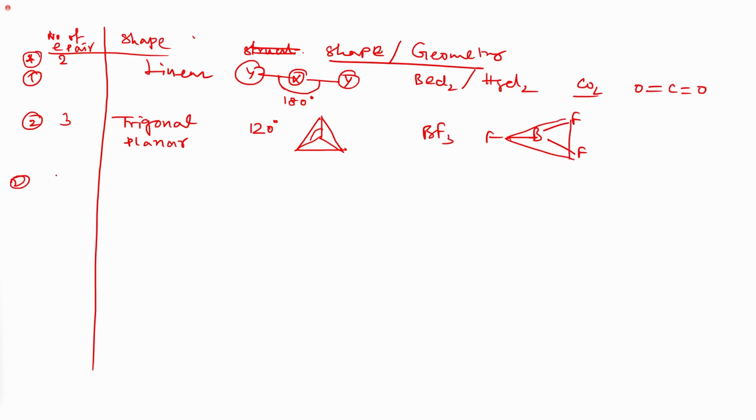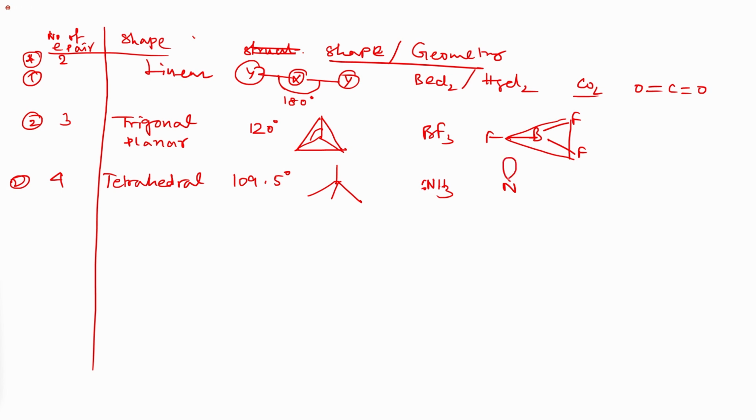Now, if you see, it is a 4, so this is the tetrahedral. When it is tetrahedral, the angle will be 109.5 degrees. So the structure will be like that. For example, NH3, ammonia.